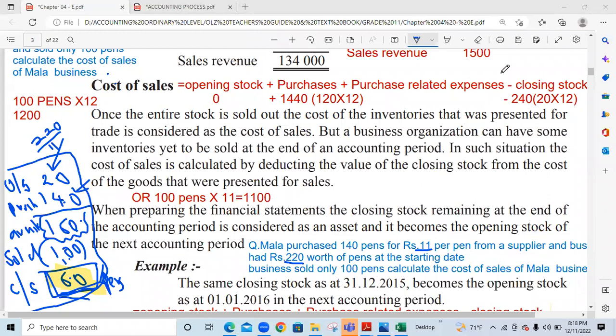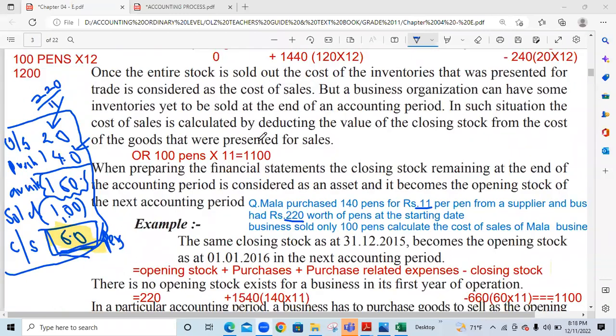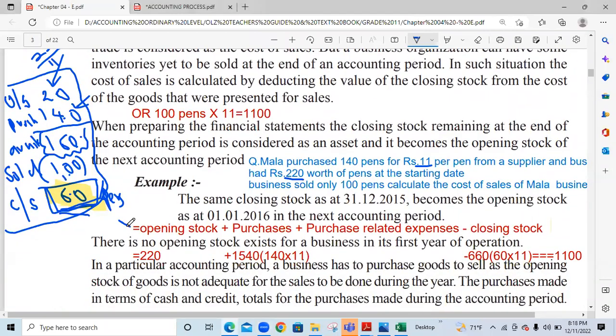When it comes to cost of the goods presented for sales, how much worth of goods did you present for sale in this last example? I'm not asking what is the cost of sales.